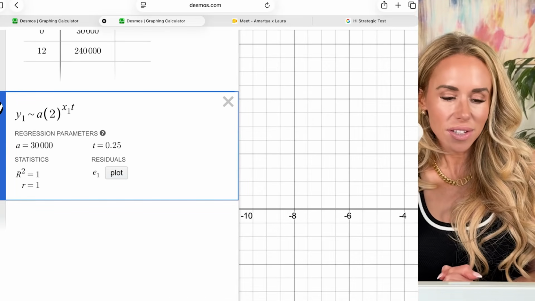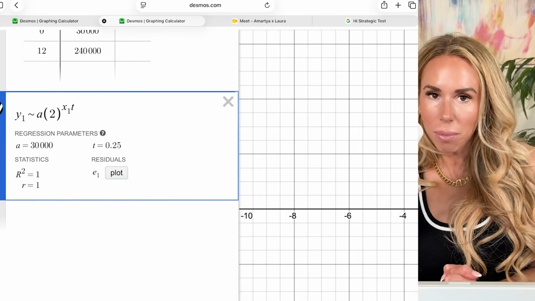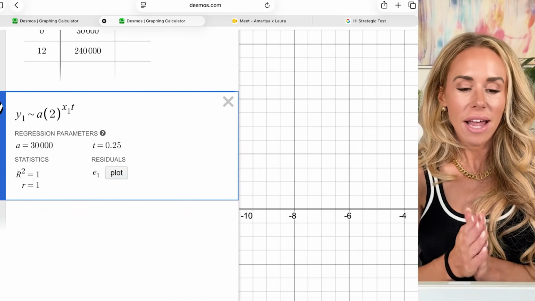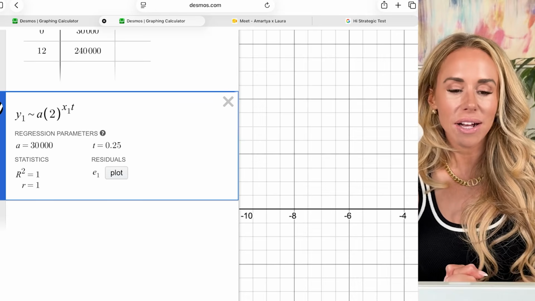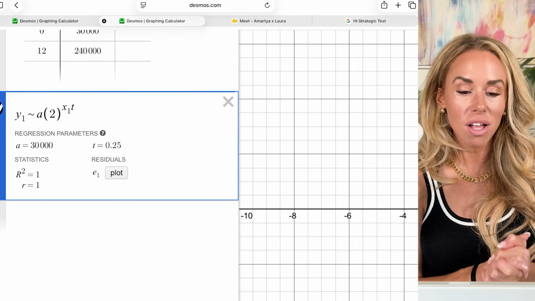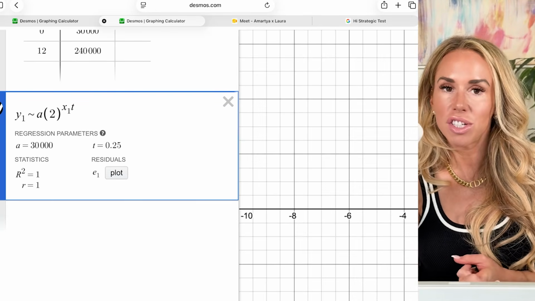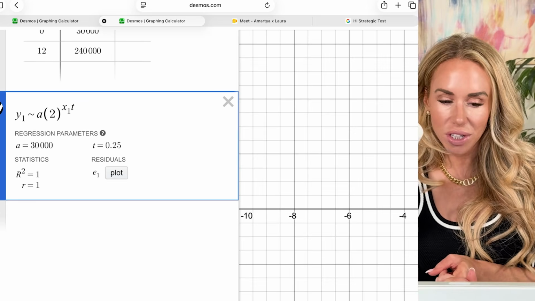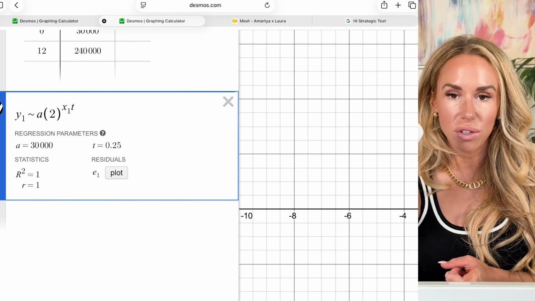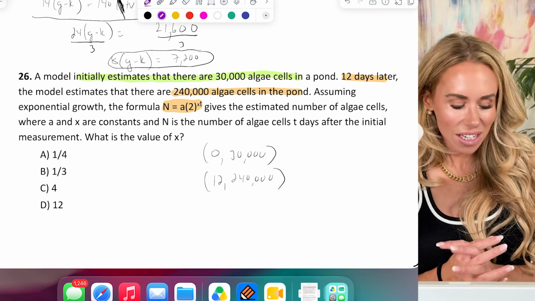All right, as you guys can see, I changed the capital N to a Y1, and then I changed the X to an X1 so it would pull from the table, and it told me my value of A, which makes sense because the initial amount is 30,000 and T is 0.25. All right, here's where it gets sneaky tricky.